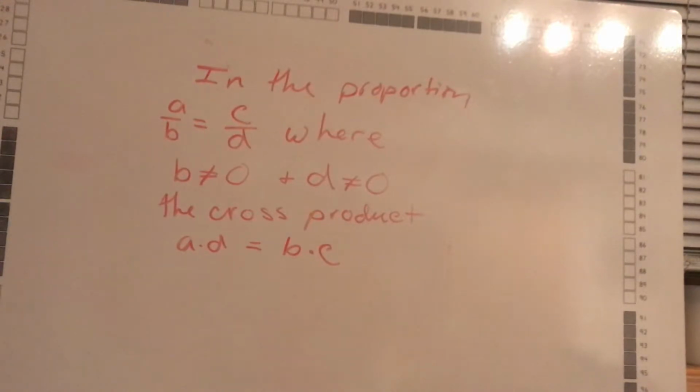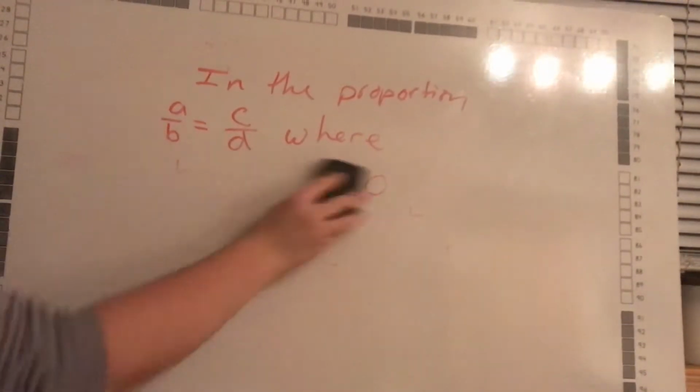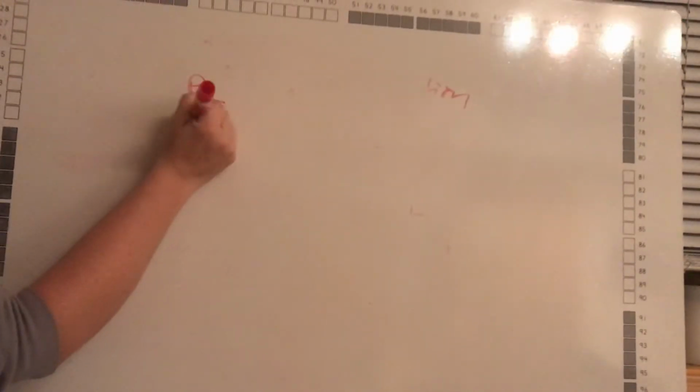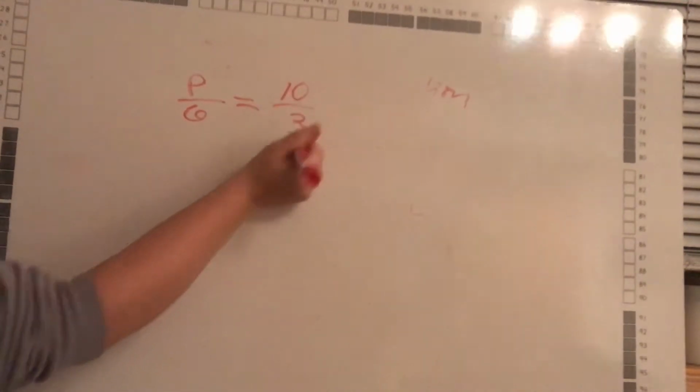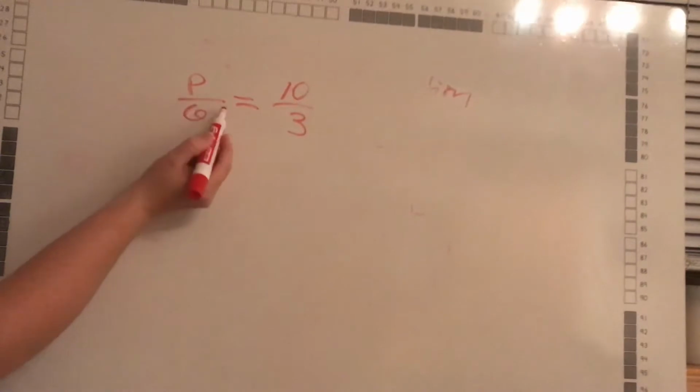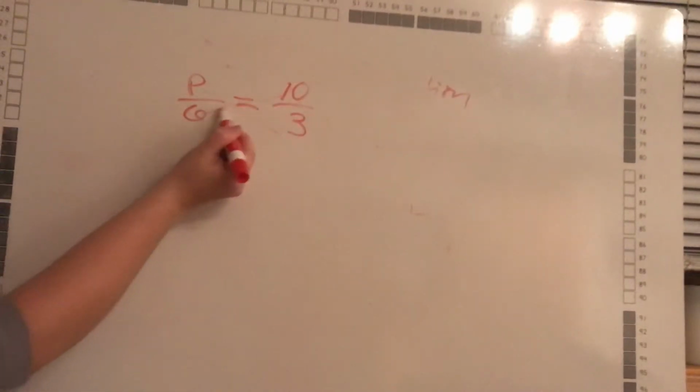So if we look at example 1, you'll see that we are solving for a letter, the letter P, and we're going to use this cross product method in order to do that. We have P over 6 equals 10 over 3, and we're solving for P. So what we're going to do is multiply this and this.